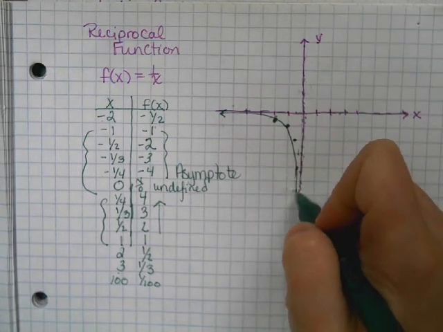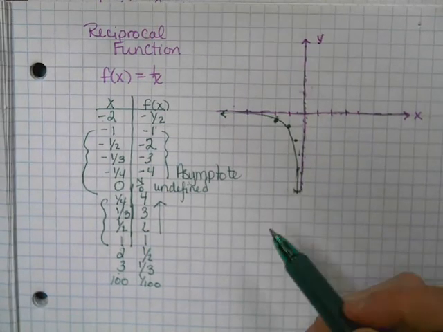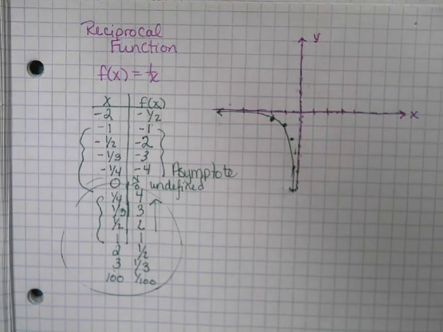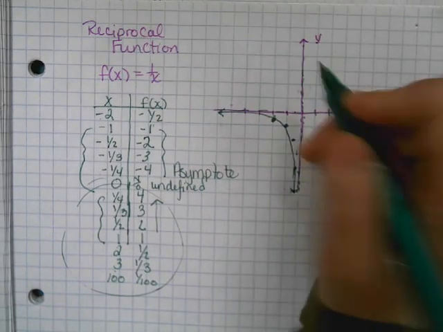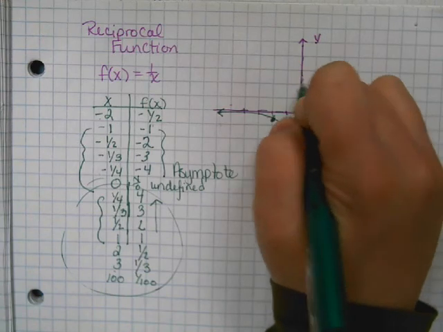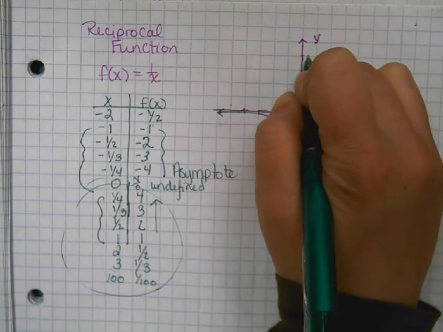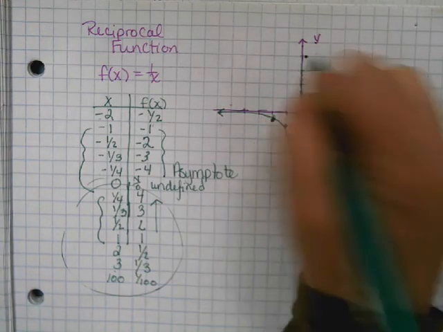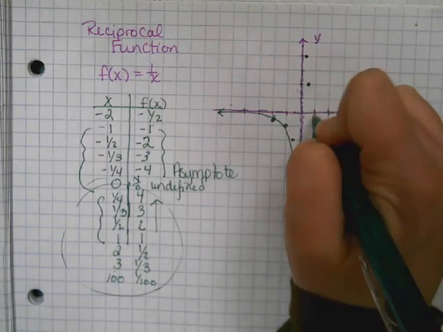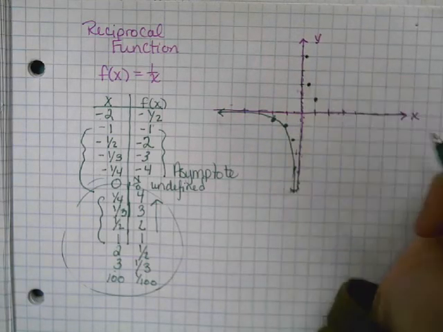It gets really close to those axes, but never ever touches them. All right. But what about these values here? Need to graph those values too. So 0 can't happen. At 1/4, I have 4.